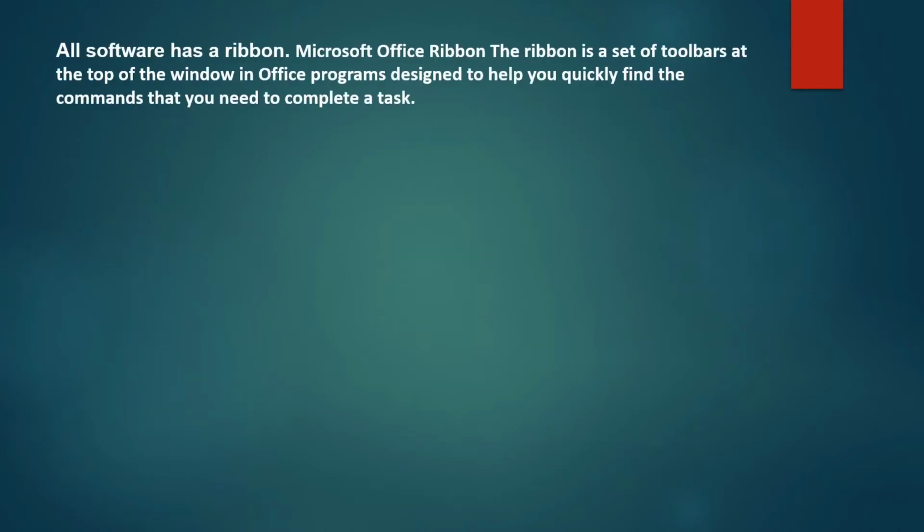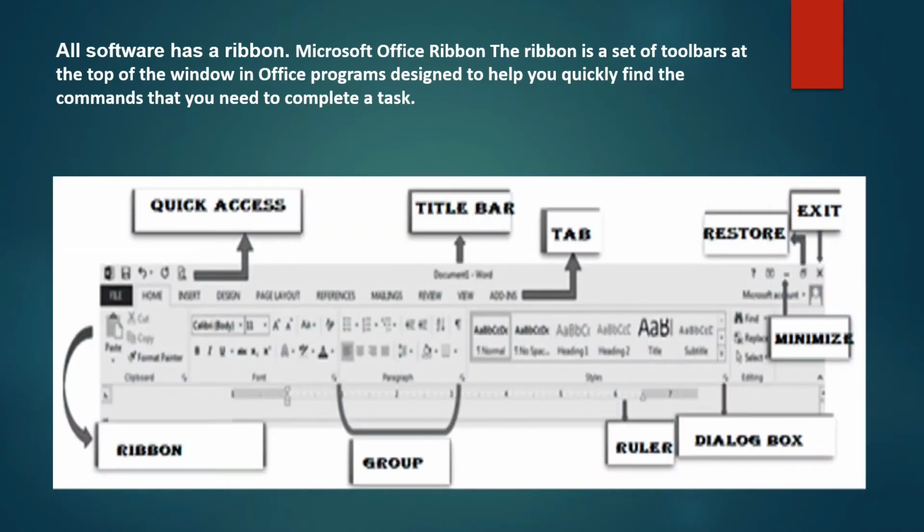All software has a ribbon. Microsoft Office ribbon. The ribbon is a set of toolbars at the top of the window in Office programs, designed to help you quickly find the commands that you need to complete a task.